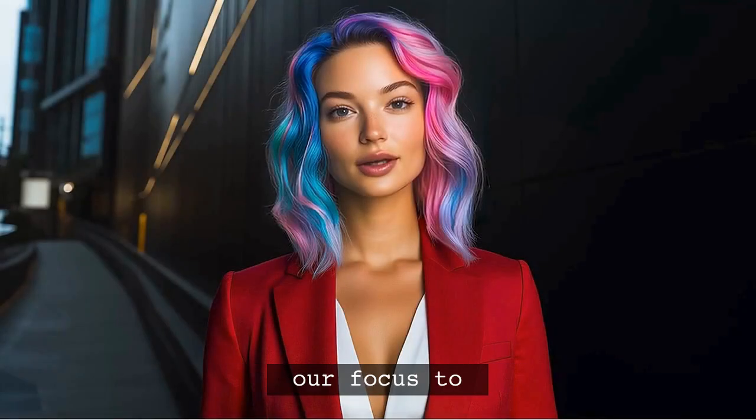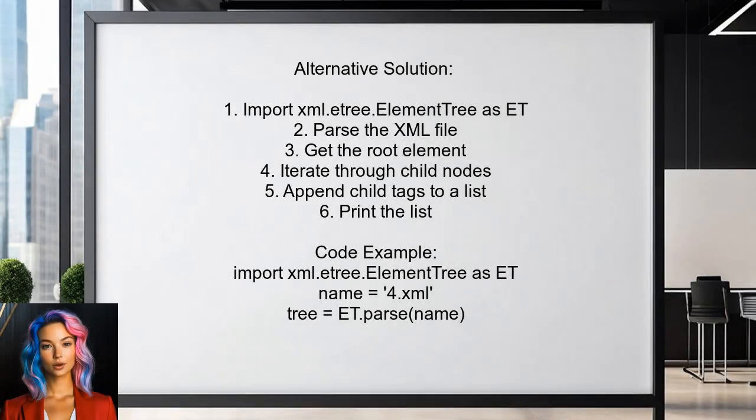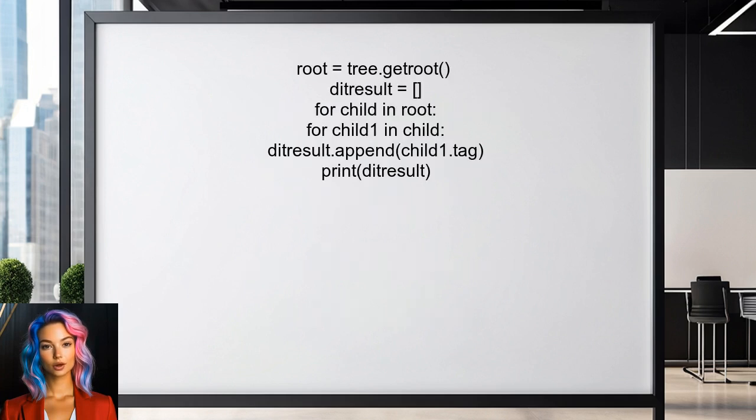Now, let's shift our focus to a different response. An alternative approach provided by a user involves using Python's ElementTree module to fetch child nodes from an XML file. They start by parsing the XML file and getting the root element. Then, they iterate through the child nodes of the root and append the tags of each child to a list.